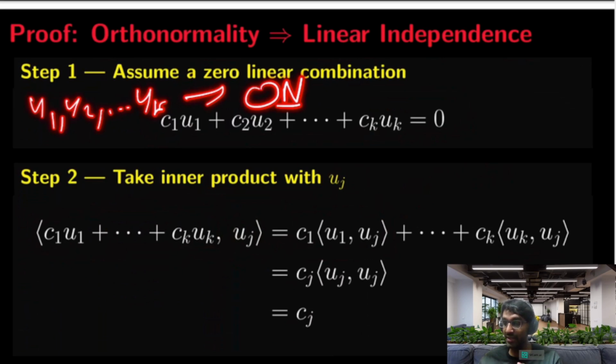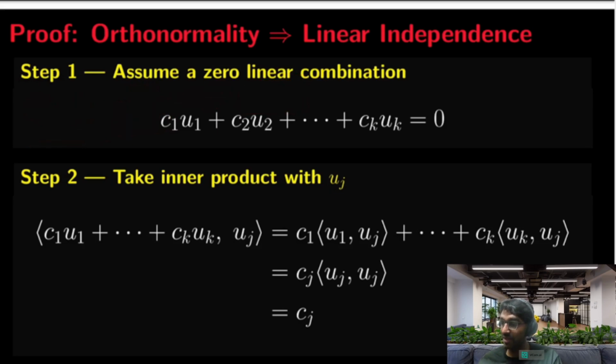So when they're orthonormal, it implies that the inner product of u1 comma uj is 0, and similarly with all the elements except uj comma uj, where it is actually 1. So this inner product will become finally cj. And so the inner product of uj with the linear combination is cj.